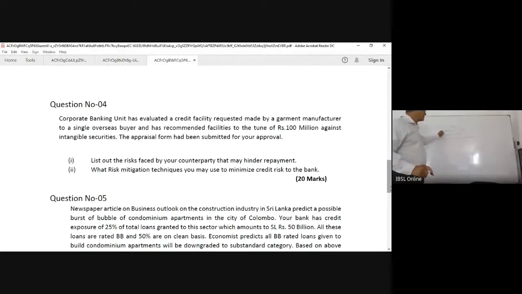So you need to study the country, and you need to study your buyer. In your evaluation, you need to get a status report of the buyer. So list out the risks faced by the counterparty that may hinder repayment.